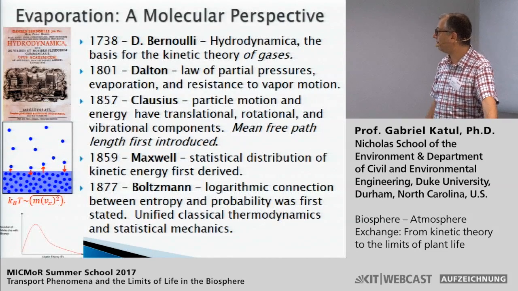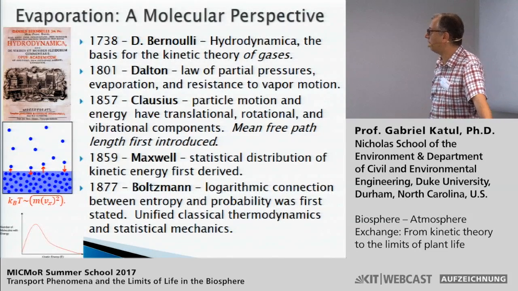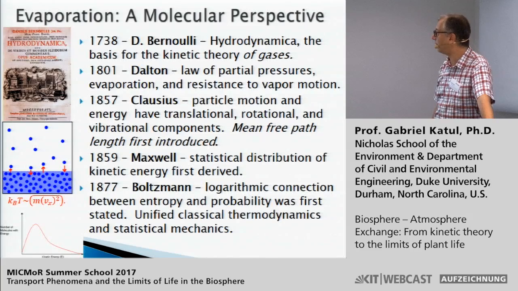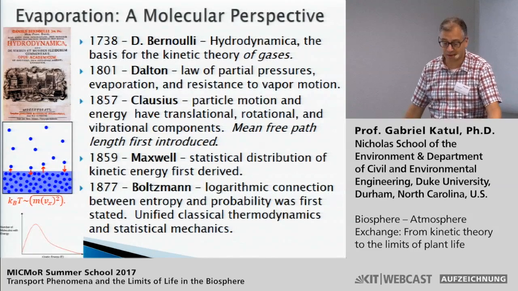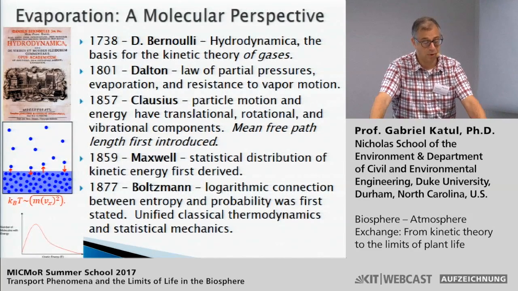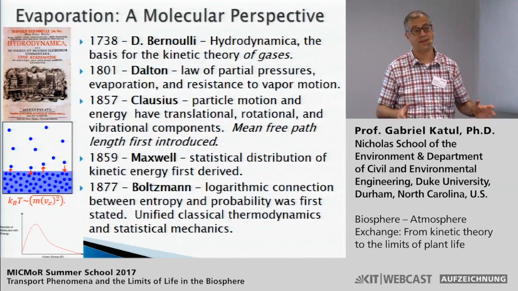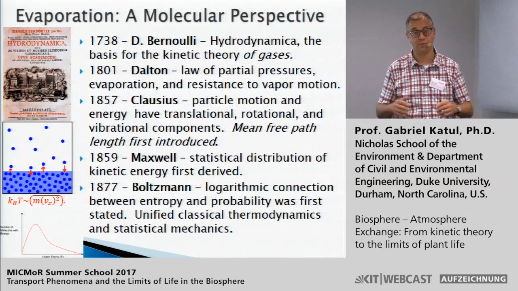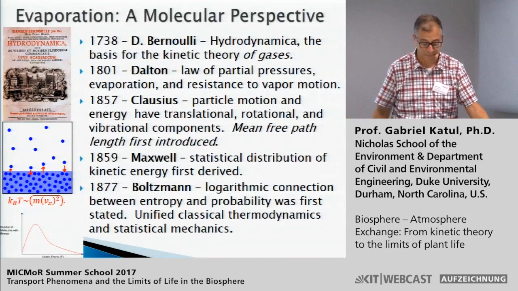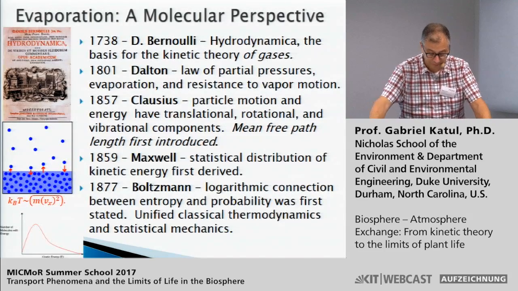In 1857, Clausius took the work of Daniel Bernoulli one step further. He noted that particle motion has translational, rotational, and vibrational components. That allowed the kinetic theory of gases to be extended to basically all matter, including liquids and solids.